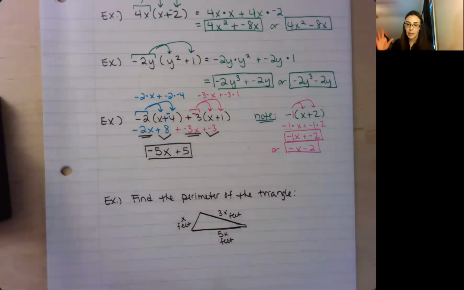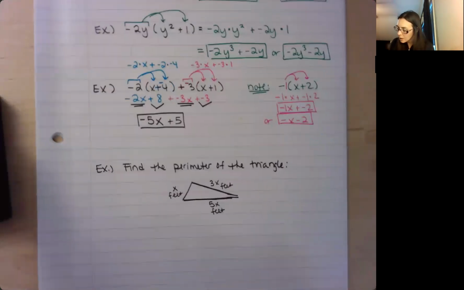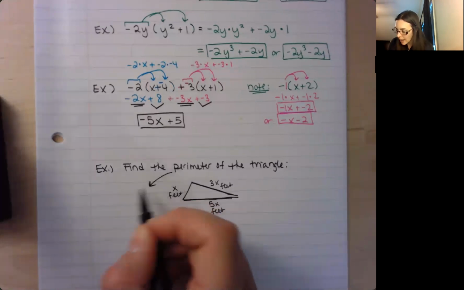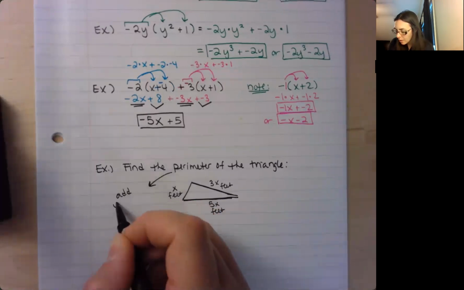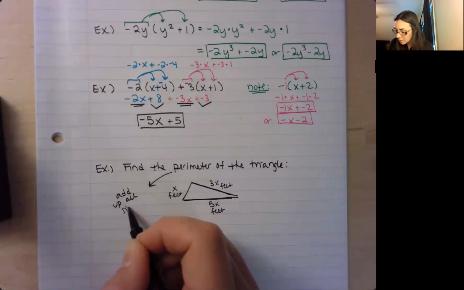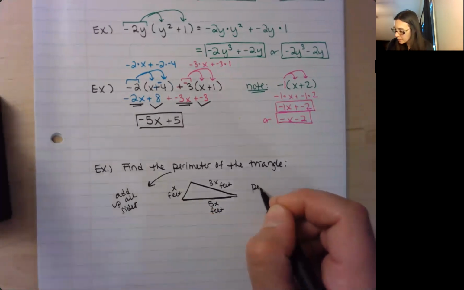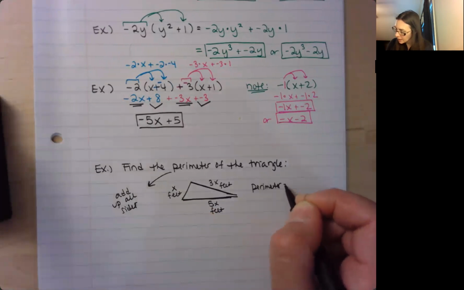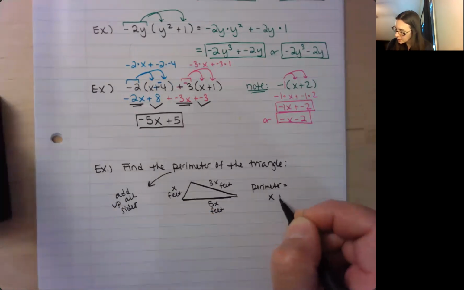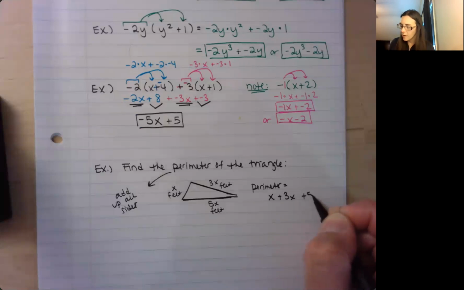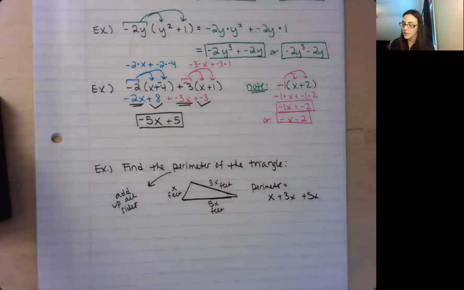And again, I'm just making up an example here. So remember, perimeter means to add up all sides. So what I could do here is my perimeter is equal to x plus 3x plus 5x.